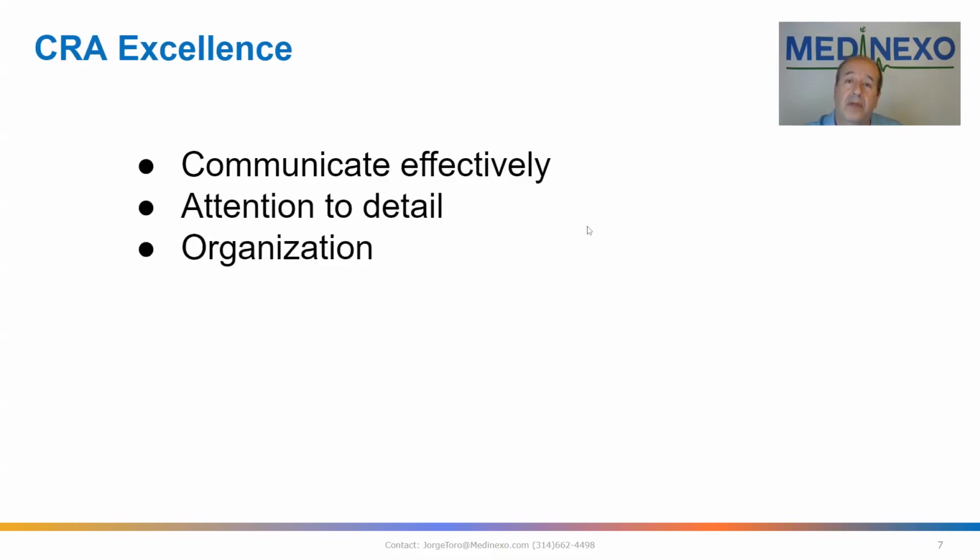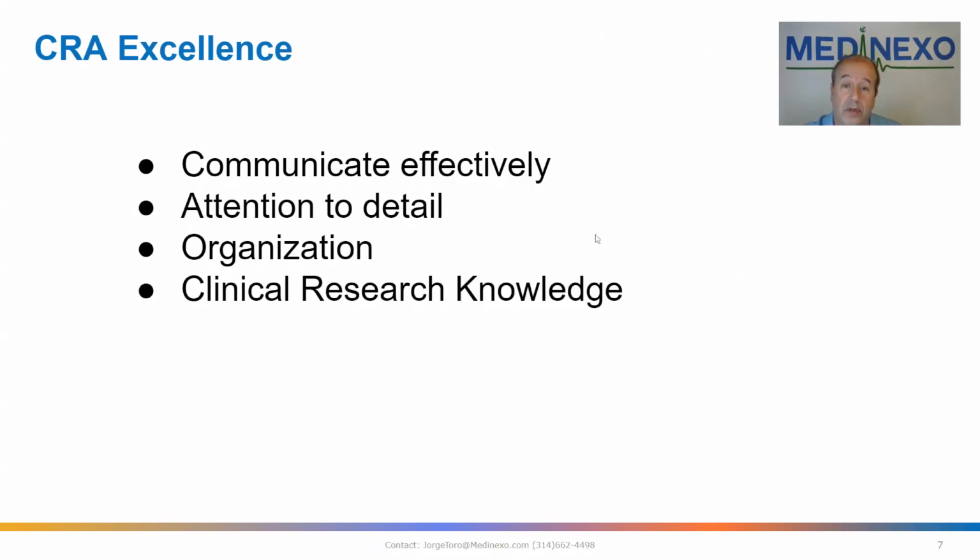That CRA must have excellent organizational skills. So this is something when you're hiring a CRA, if you're aiming for excellence, this is a very important skill. And they must have clinical research knowledge. That's another important thing. Are you looking for the experience? Are you looking for someone who can actually speak the language of clinical trials, ethics committees, the preparation with the standards, the regulations at the local level as well, and of course the computer skills.